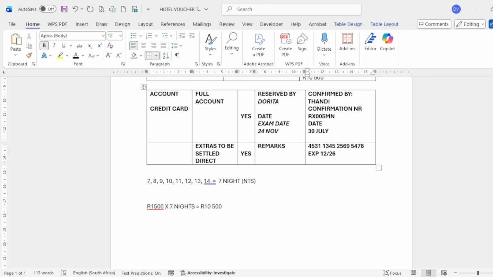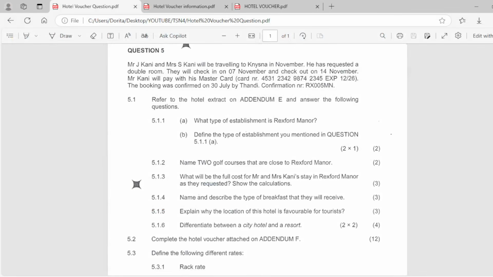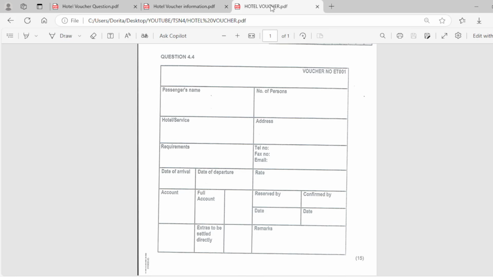So your method of payment, in this case, basically credit card, it has to be on the voucher. You can also put the credit card details under the account block. But most of the time, students use the remarks one just because there's more space. So let me quickly show you what your answer sheet looked like for a previous exam.